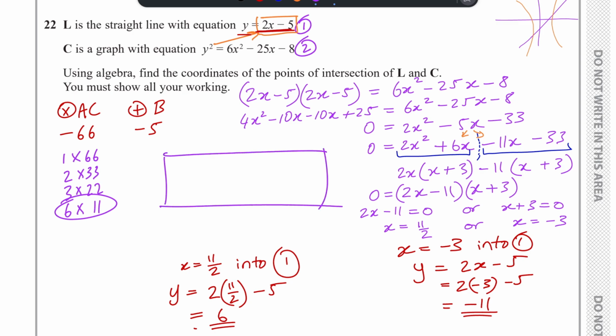The solutions are 11 over 2, 6, and negative 3, negative 11. You can write this as a fraction if you want to, as a decimal if you want to, but either way, those are your answers. And like I said, if you decided to use a quadratic formula here, you would end up with the same answers. I hope that's useful.